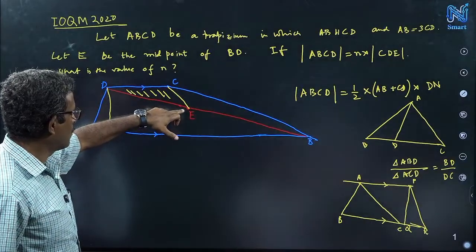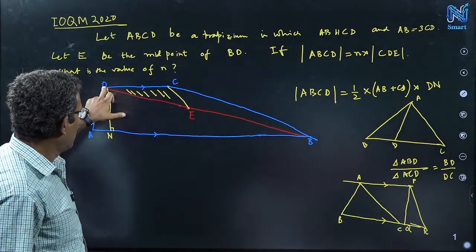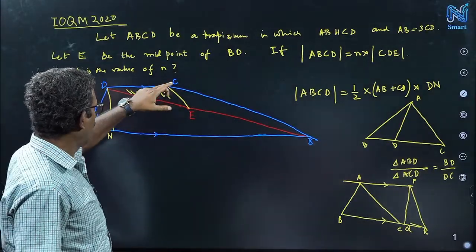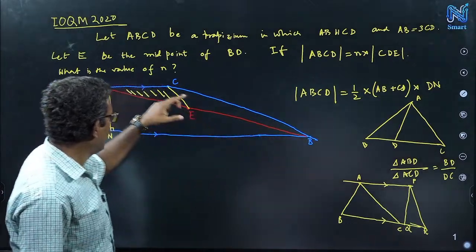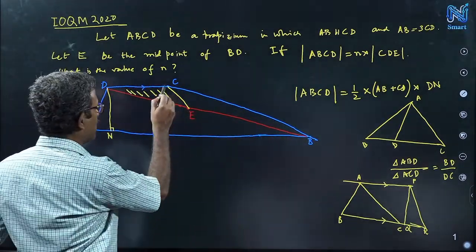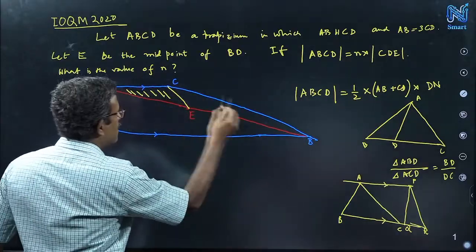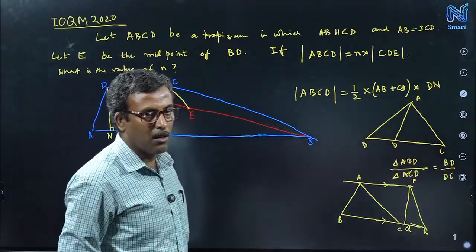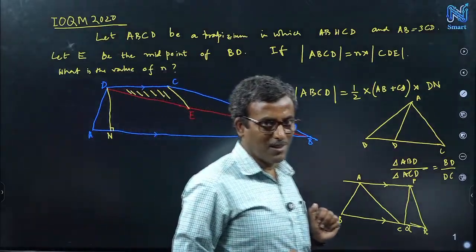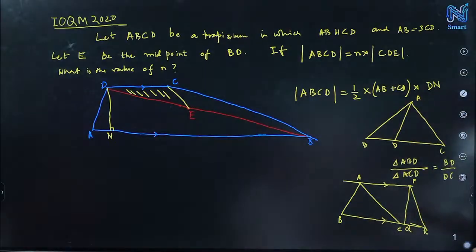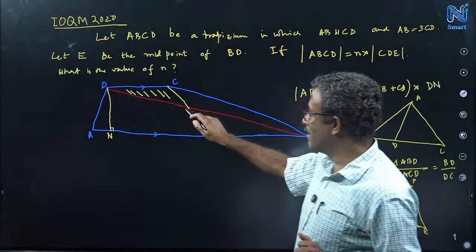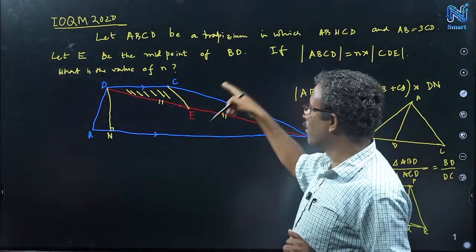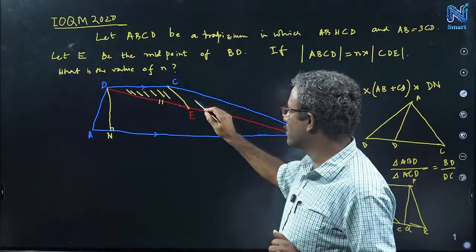Now E is a midpoint. Since E is a midpoint, what is the relationship between the area of CDE and CBD? This is the full triangle BCD, and this another triangle is CDE. Since E is the midpoint of BD, this triangle area and this triangle area are the same.